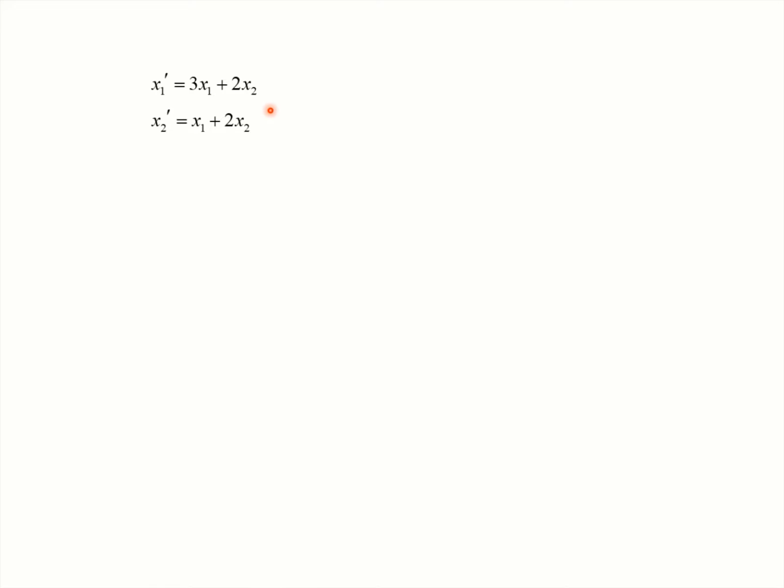Now the one that makes sense to solve for is x1 in the last equation, because then you won't get any fractions. But you don't need to do that, but that's what I'm going to do. So when I solve for it, I end up getting x2 prime minus 2x2.